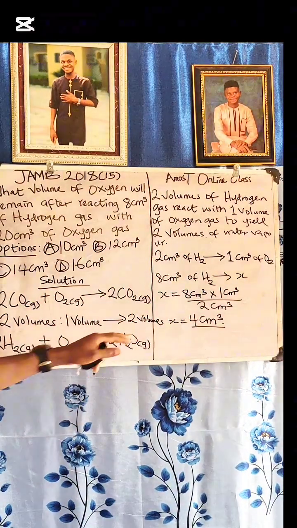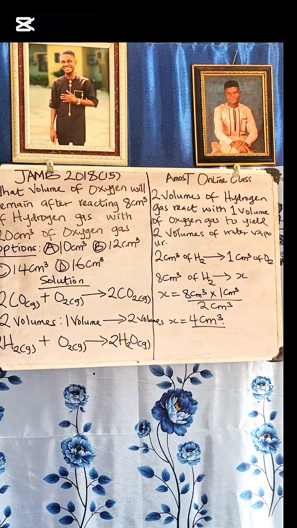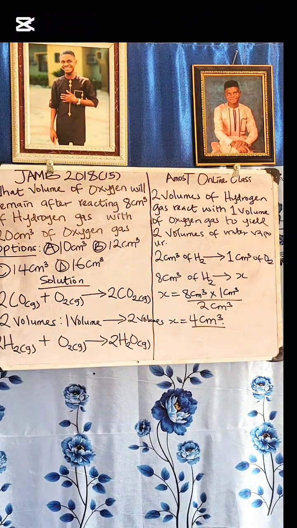So our X is equal to 4 cubic cm. That means 8 cubic cm of hydrogen gas will react with only 4 cubic cm of oxygen gas.